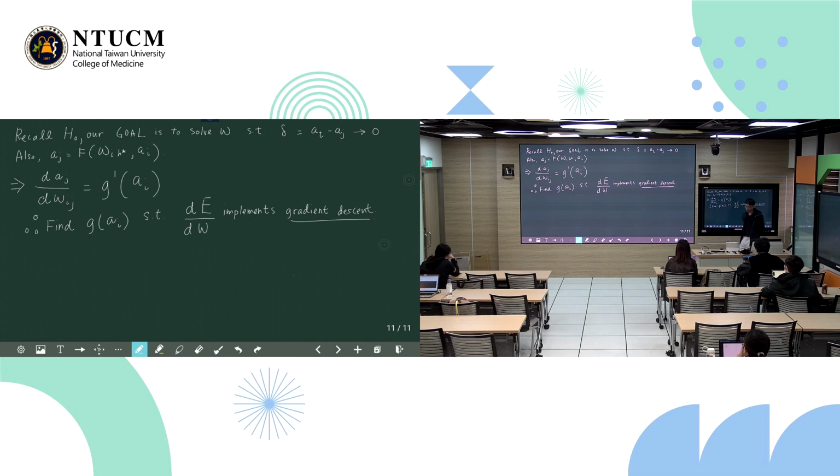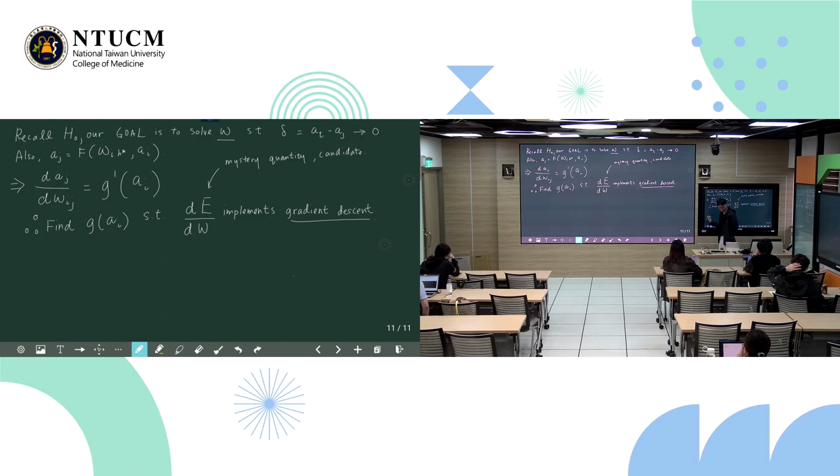So if we want to solve for w, it means that we want to find a candidate function of ai, a mystery quantity here, whatever we think will work, such that how this quantity changes with respect to how the weights change is going to implement gradient descent. What do we mean by gradient descent?